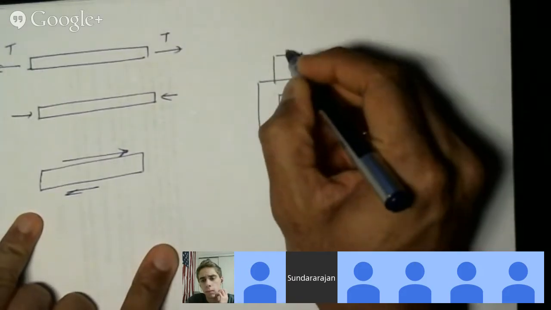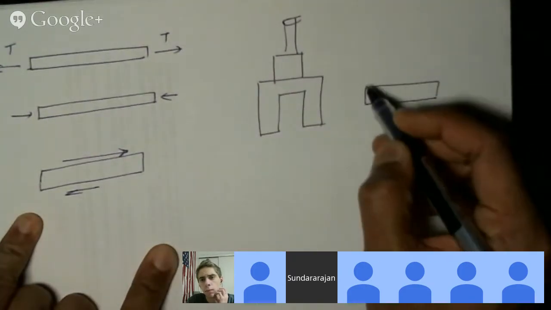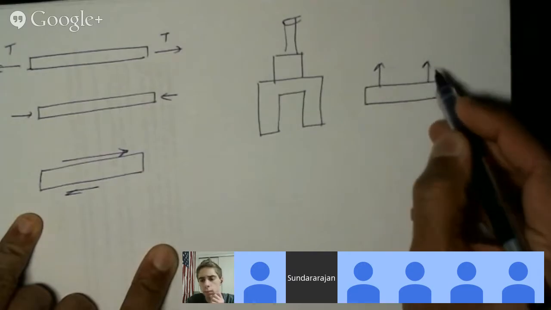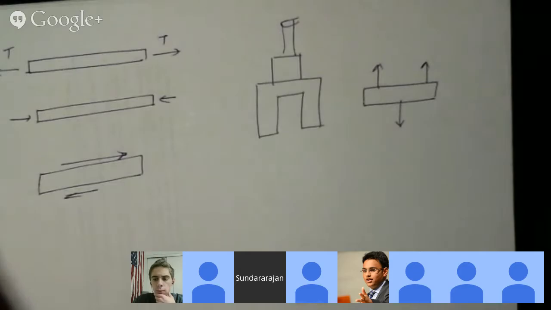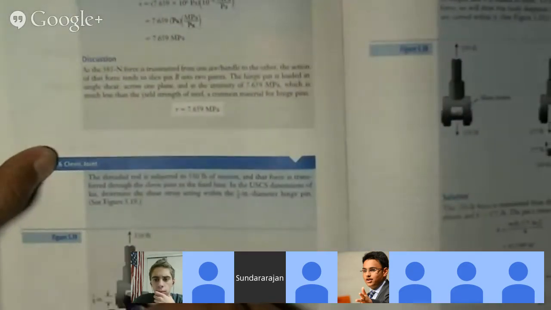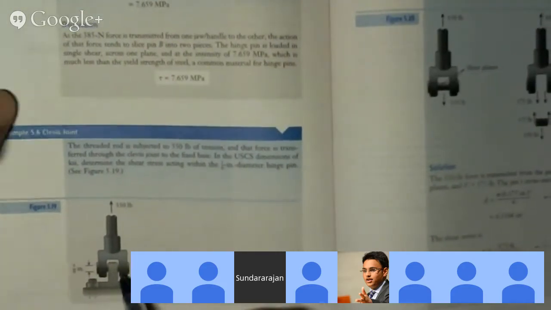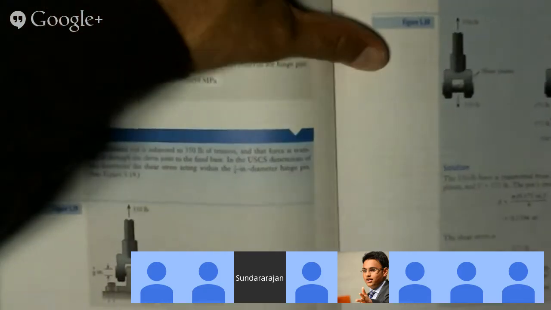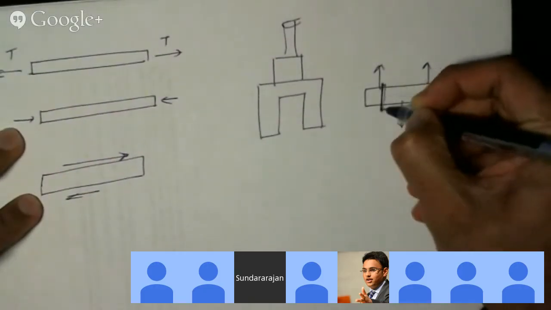And then there is the rest of the threaded rod up there. And then if I draw just the pin, then the pin is being pulled in that direction by this threaded rod and is being pulled down by the bracket. It's being pulled down by this bracket here. So here, this is the area that we're talking about.